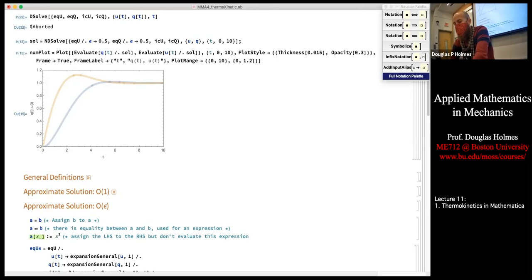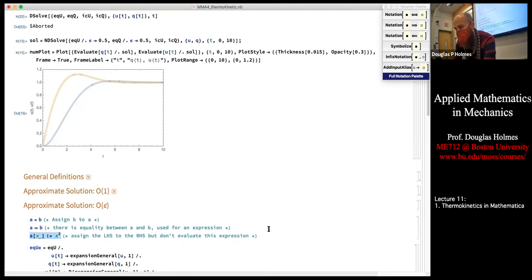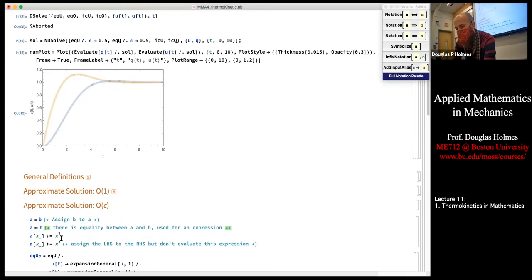Or define a function with inputs. Yeah, this is defining a function with inputs, but you could define it with either this is fine or also, hold on. This is fine. This one, I think, assigns and evaluates.